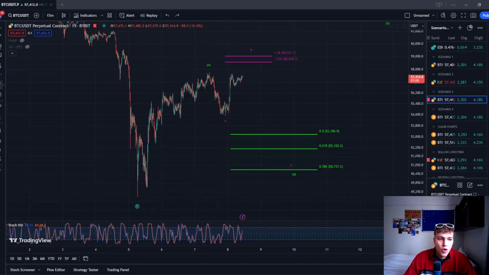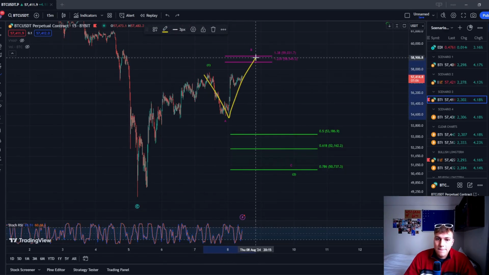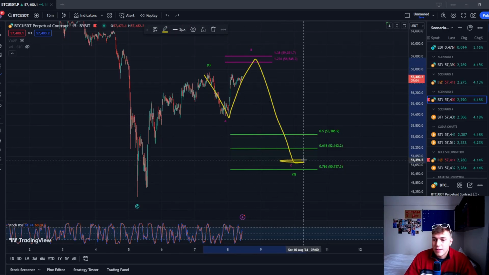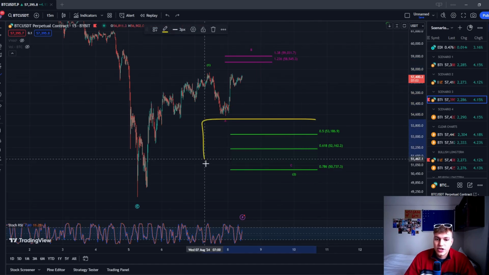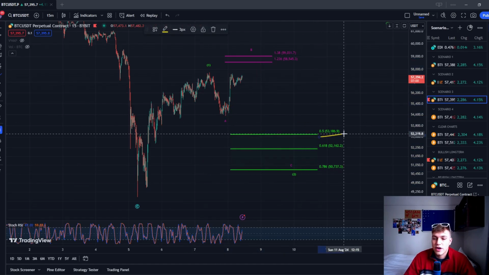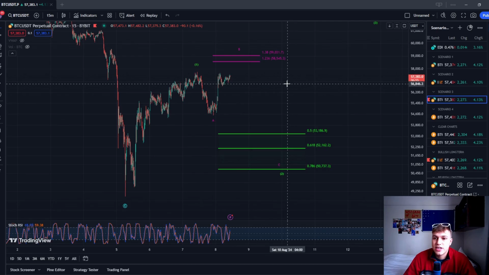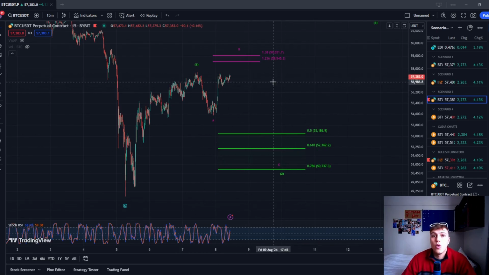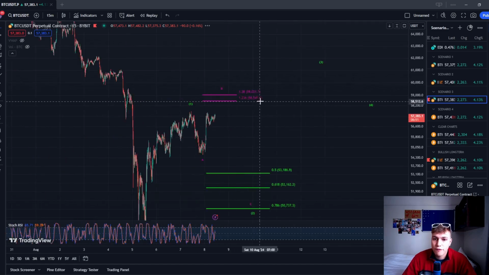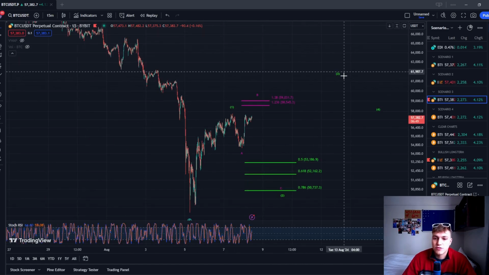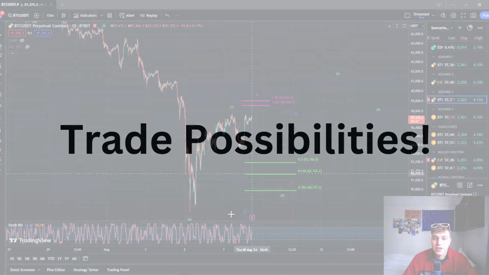So that would mean we get an A, B, and a C coming into this price region of 53,186 to 50,737. That would be our target for our wave 2. After that, we should see massive impulsive structures to the upside.